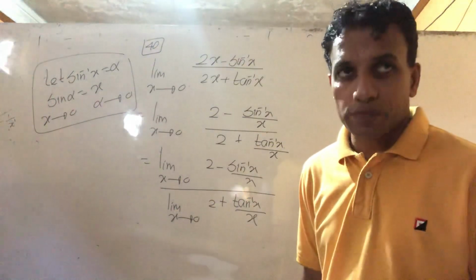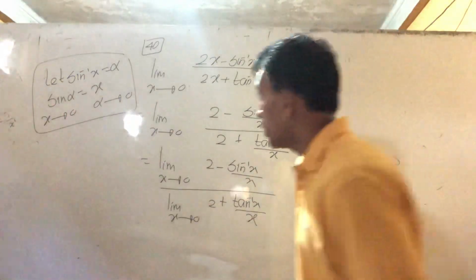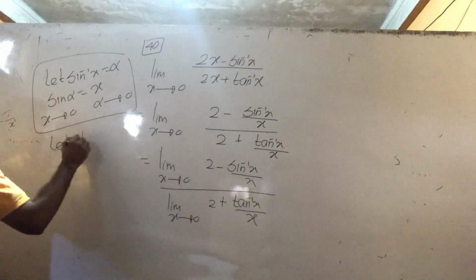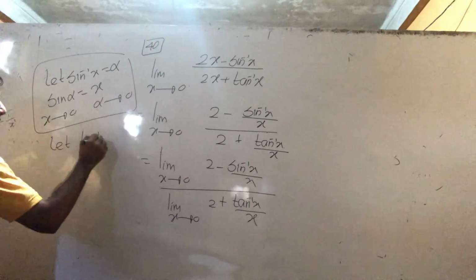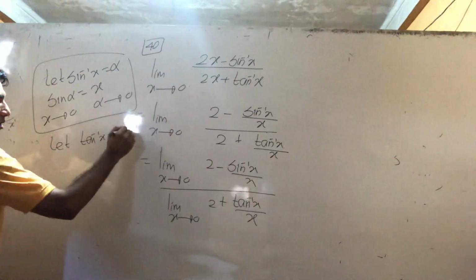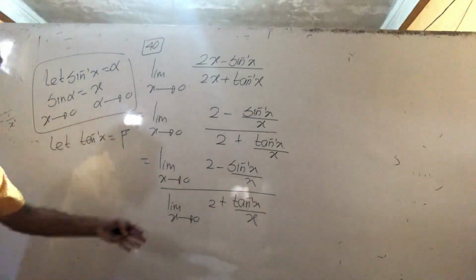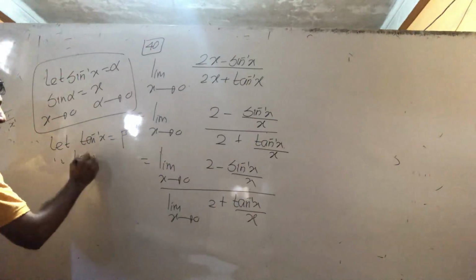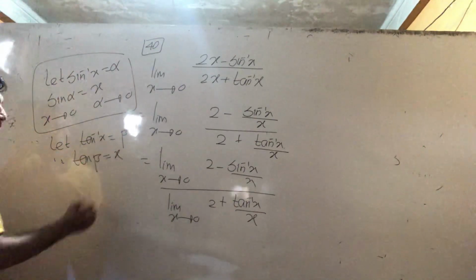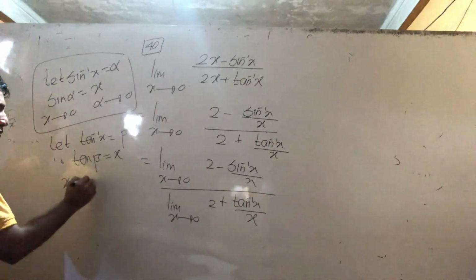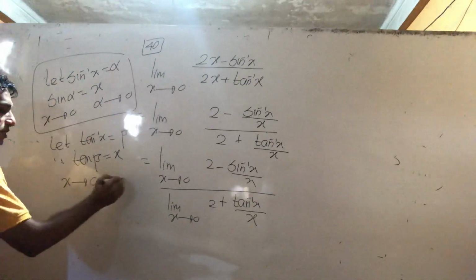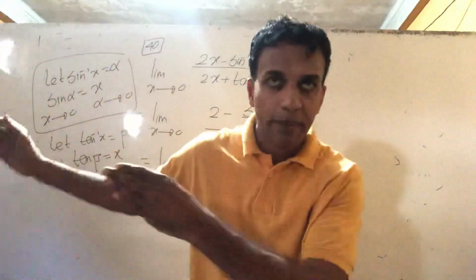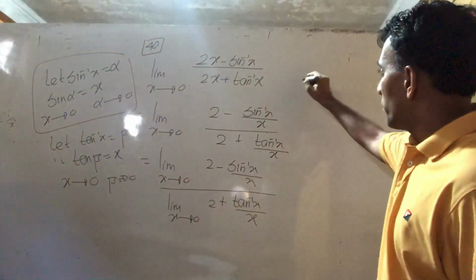That is too long. So again I take, let tan inverse x be beta. Therefore, tan beta equal to x. So when x approaches 0, beta also tends to 0. Okay, that is an additional part I am showing. Therefore, come to the problem.